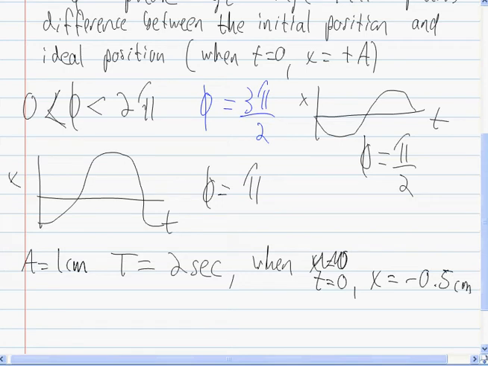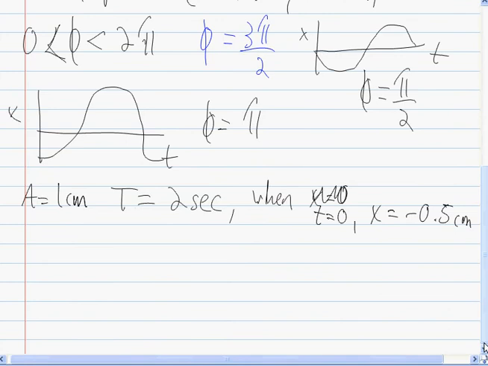Well, that's kind of a weird one. And if I want to find its phase angle, I just set up the function x equals a cosine omega t plus phi.